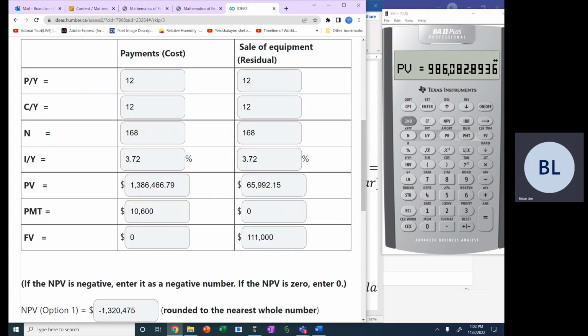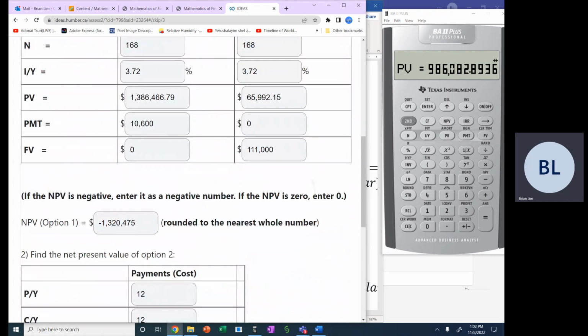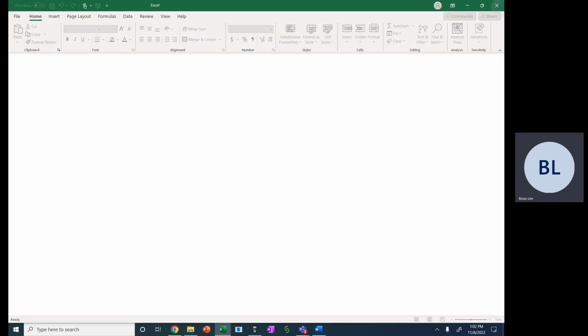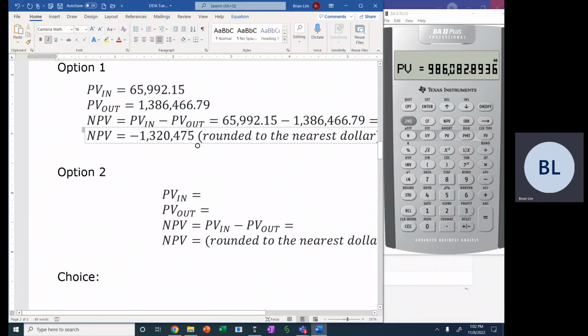That is also on top of this upfront $28,000. So what we have to do is add $28,000. So let's go to our, sorry, wrong. So in is what?